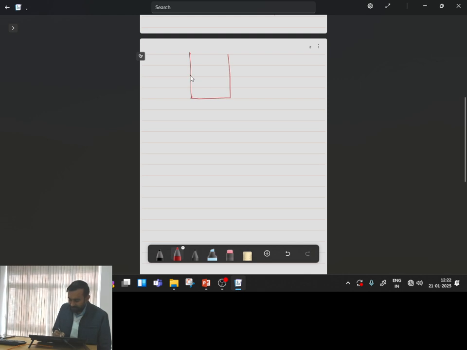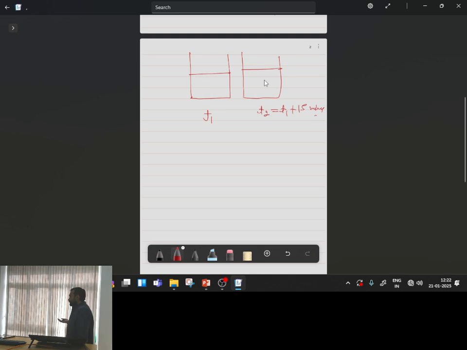If the container is stationary, at time t1 it will be at this location, and at another time t2, say t1 plus 15 minutes, it will be at the same position. So I can say it is a multi-component system, but I cannot call it multi-phase flow, because when multiple phases flow together, the interface boundary will not remain stagnant; it will change with time.